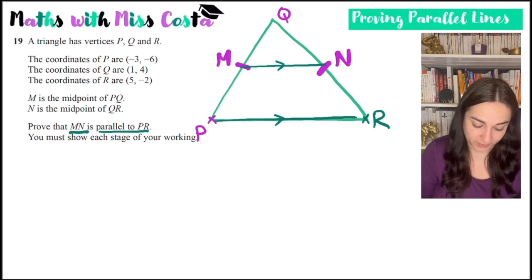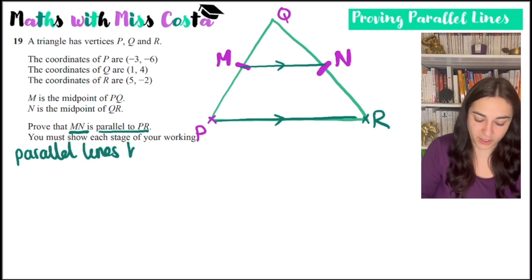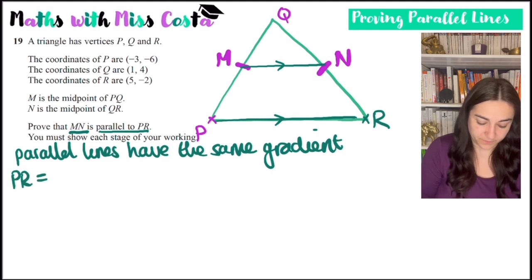But let's have a think about what's actually going on. In order to do this, I'm going to need to do quite a little bit of working out. So how do I prove that lines are parallel? Well, I know that parallel lines have the same gradient. So what I'm going to need to do is find out the gradient of PR and the gradient of MN.